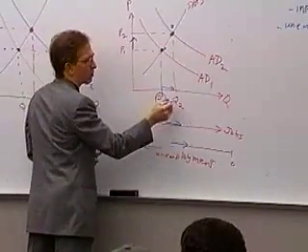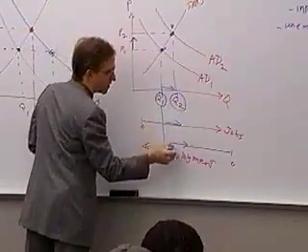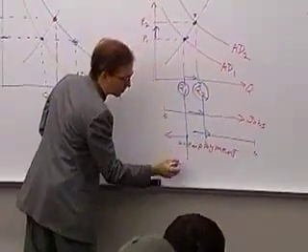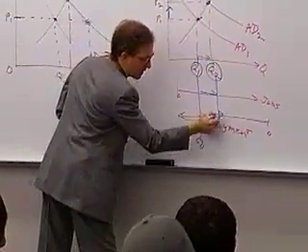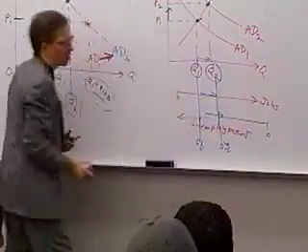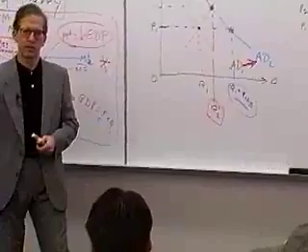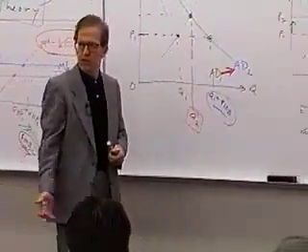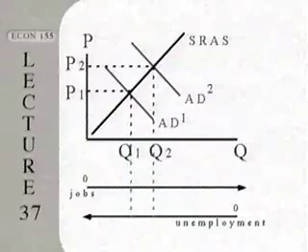As real GDP goes from Q1 to Q2, the unemployment rate, which might have been, let's say, 6% at first, now has gone down to, let's say, 5%. That means more jobs, means less unemployment. So, a decrease in the unemployment rate.